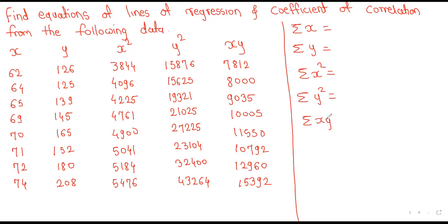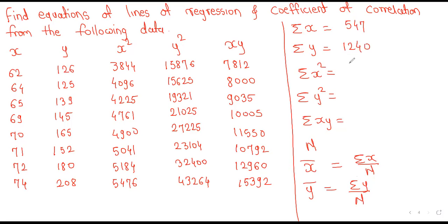x bar is equal to summation of x divided by capital N, and y bar is equal to summation of y divided by capital N. Now summation of x is addition of all the values of x, which is 547. Summation of y is 1240.